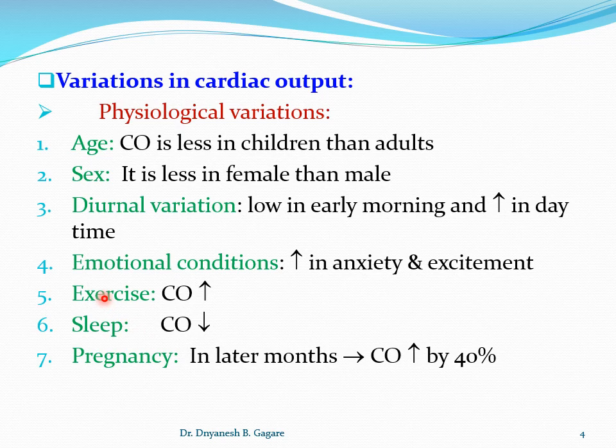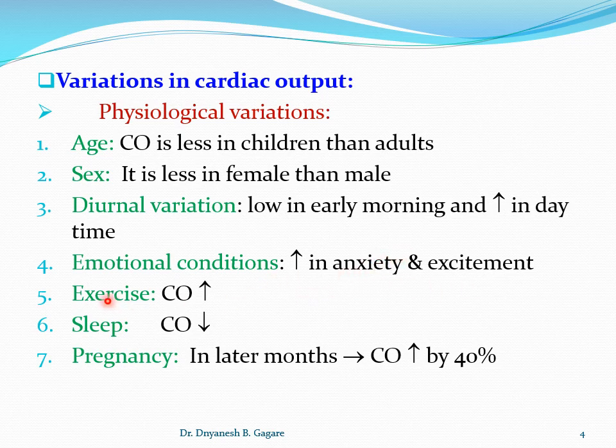Then emotional conditions: during excitement or anxiety, if you are more emotional, heart rate and metabolism slightly increase. So emotional conditions affect cardiac output and lead to an increase in its values.